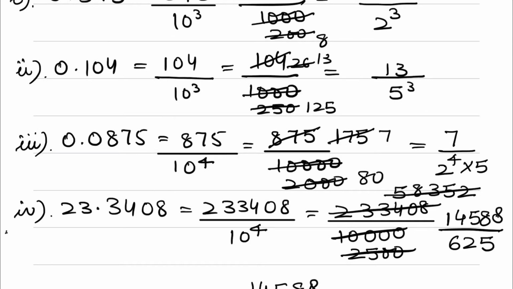So now we can see through all these examples that the denominator cannot always be 10. So we can say the denominator either has powers of 2 or powers of 5 or powers of 2 and 5. So in the first case we have powers of 2, in the second case we have powers of 5, in third case we have powers of 2 and 5, and in the fourth one again we have powers of only 5.